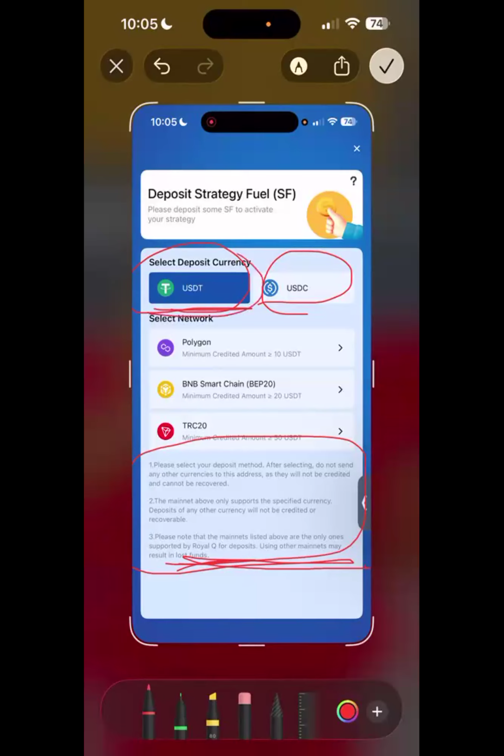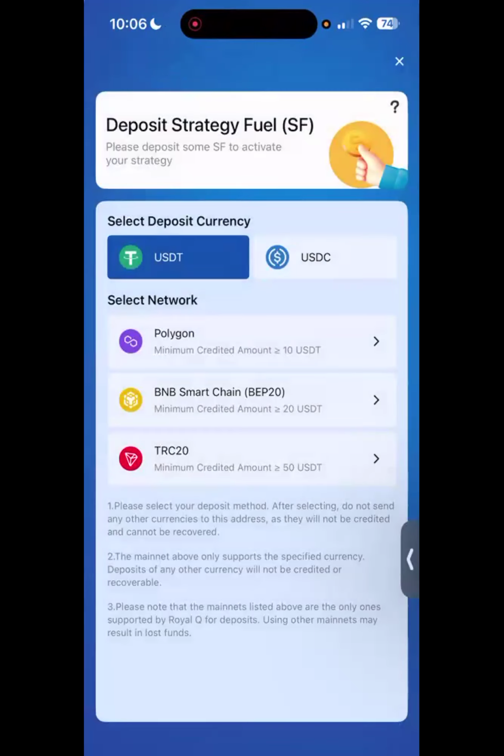So we have USDT and USDC. These are the two assets you can deposit on RoyalQ. If it is USDT, these are the respective networks that you can use: TRC20, BEP20, Polygon network. But it depends on how much you are depositing.